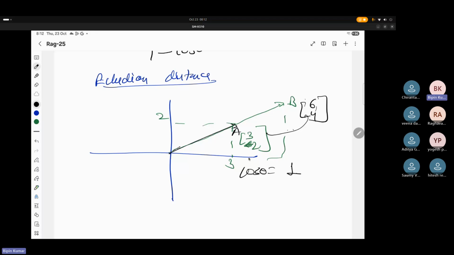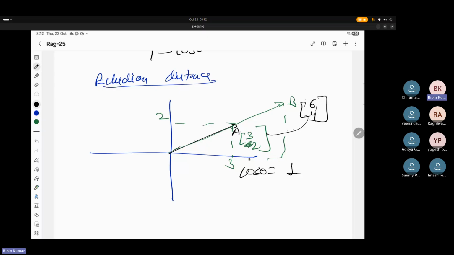Because cosine similarity will not see the distance, it will just see the angle. And if you see the angle, line B is just overlapping with line A. The only difference is that vector B's length is more.